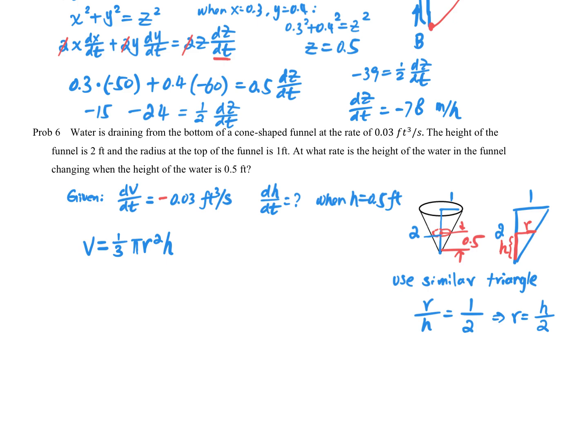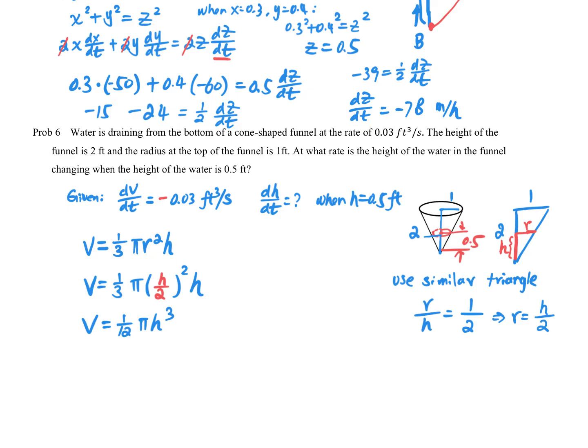And let's simplify this a little bit here. 2 squared is 4, and then times 3, this is 12. So I'm going to have 1/12 pi times h squared times h, which is h cubed. So this is the volume that involves only one independent variable h, no longer two variables.